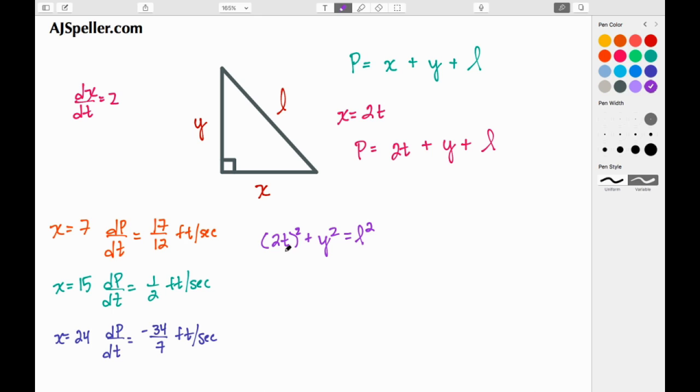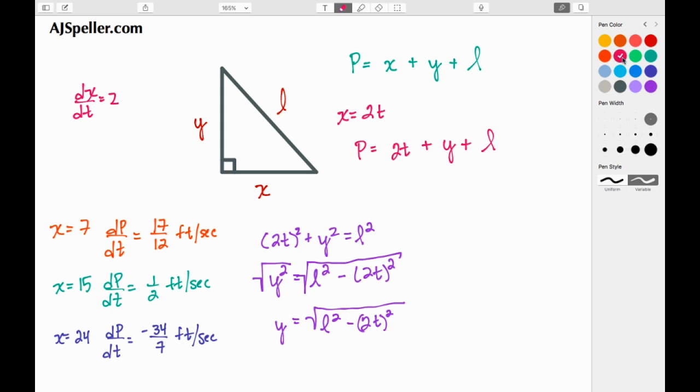I'm going to subtract this term from both sides, so I end up with Y squared is equal to L squared minus the quantity 2t squared. And to get the value for Y, we need to take the square root of both sides. So Y is equal to the square root of L squared minus the quantity 2t squared.